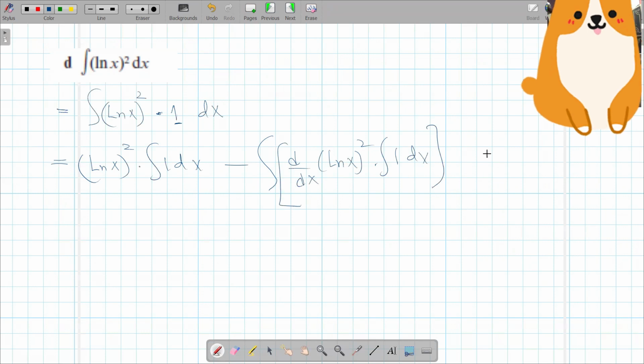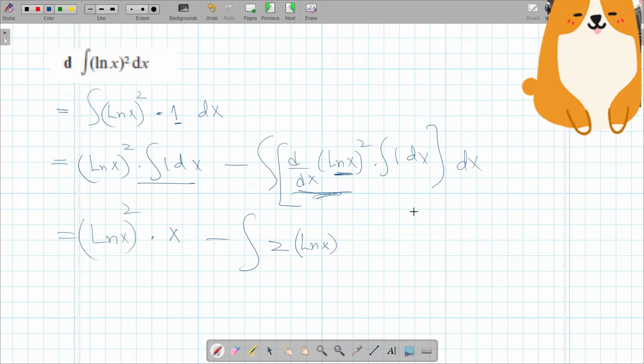So let's do it. (ln x) squared, and the integration of 1 is x. The derivative of (ln x) squared will be 2 times... just tell me what is the derivative of this? 2 times ln x, times 1 over x, the derivative of the inside.